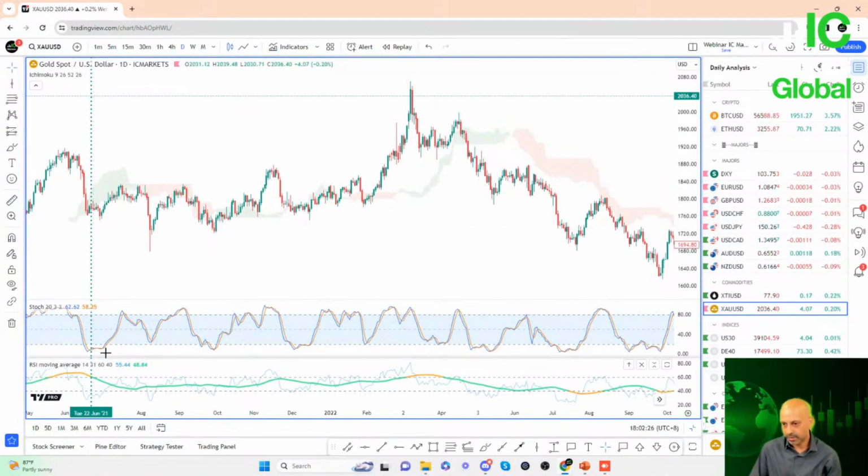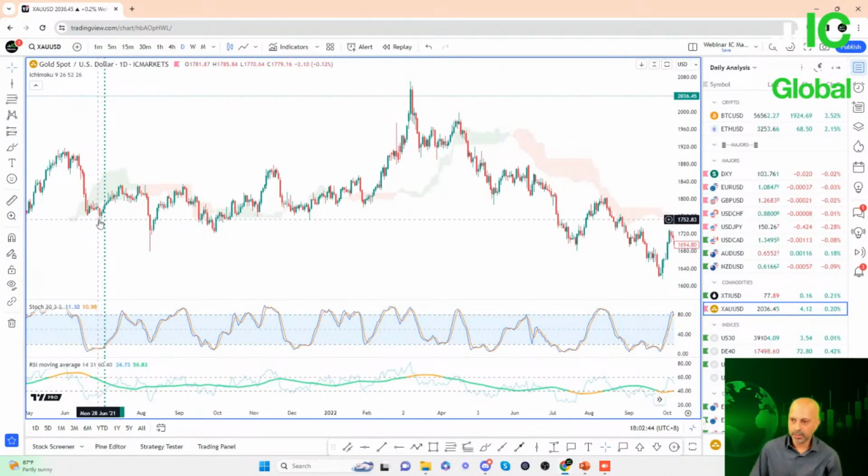So as the stochastic oscillator comes back up towards 20, we also see this RSI coming back up towards this threshold, which is 40 again, right? In this period here, that typically signals a potential bullish reversal, right?